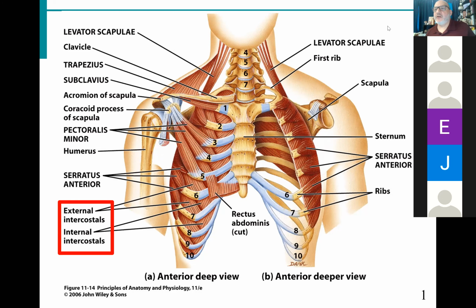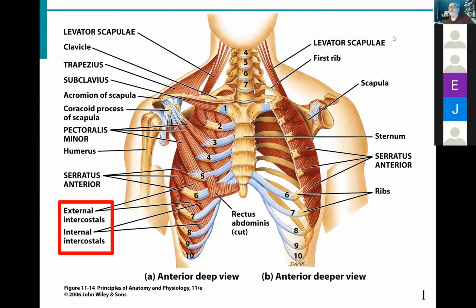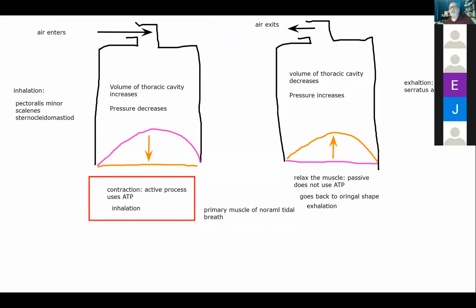All right, we've been talking about our respiratory muscles, and that brings us to our intercostals. Our intercostals are associated with our ribs.